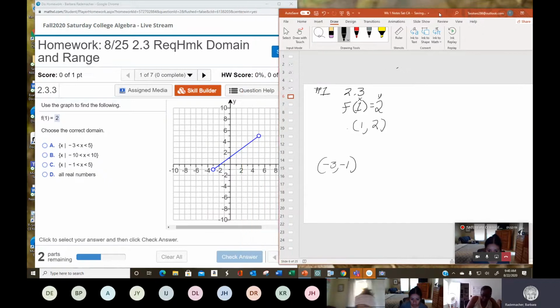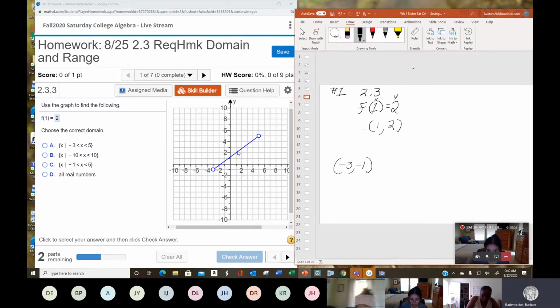And then over on the far right side, if that point were solid, this point would be 1, 2, 3, 4, 5, and up 1, 2, 3, 4, 5. So that would be the point 5, 5.